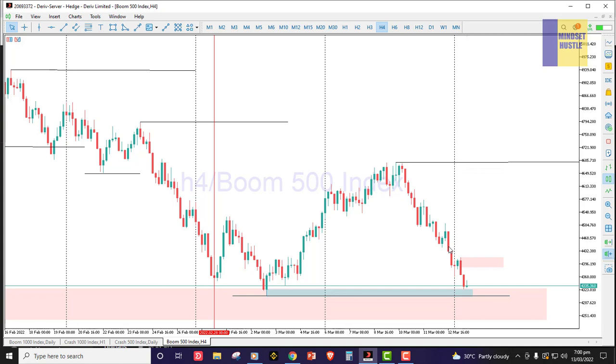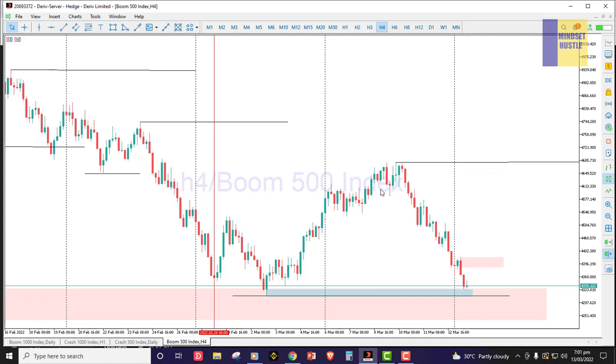Then I use M5 and M1 to make entries. M1, M2, M3, I use them on VIX and currencies, but for Boom and Crash, I use either M15, M5 or M10 to do my entry. Then I analyze them on D1, H4, sometimes H1. So that's what you need to know.